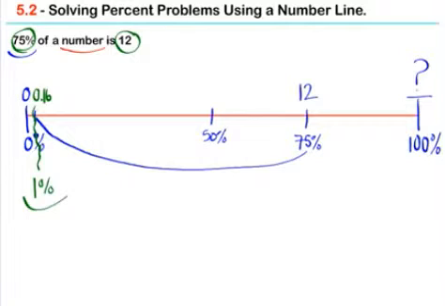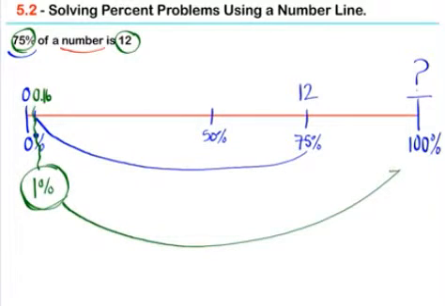Now if 1% is known, 1% times 100 will make 100%.